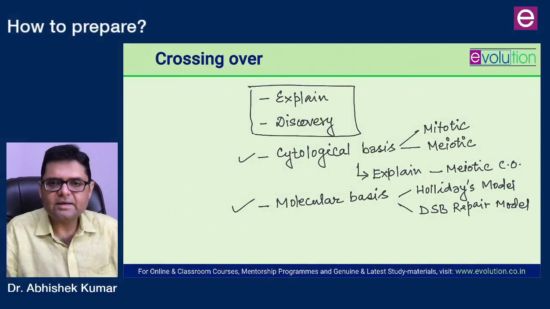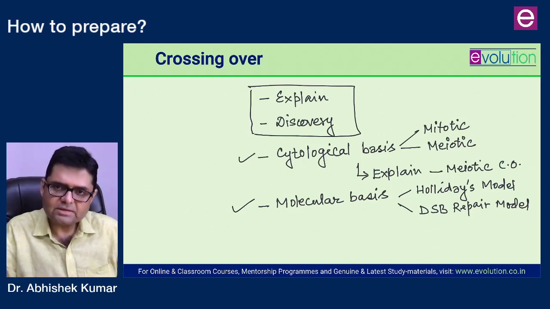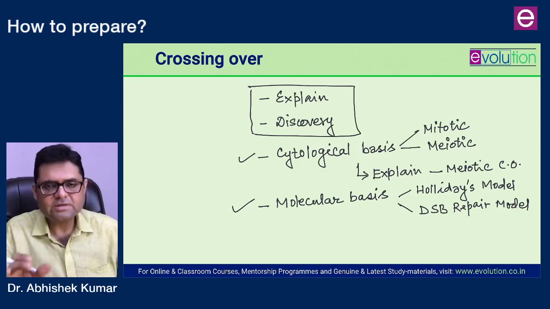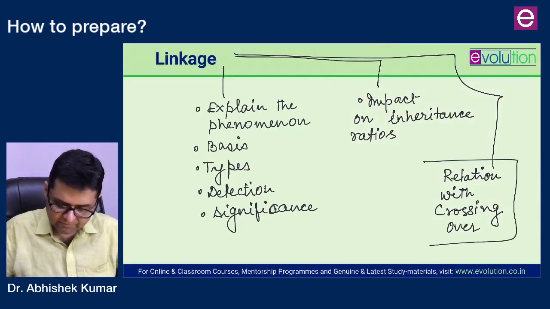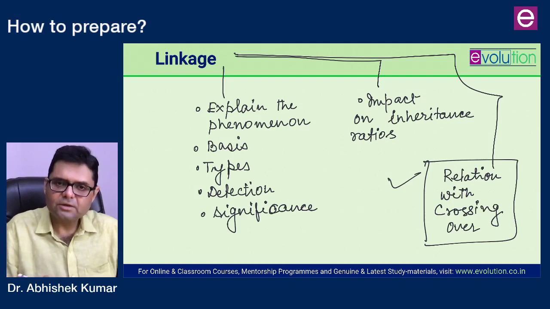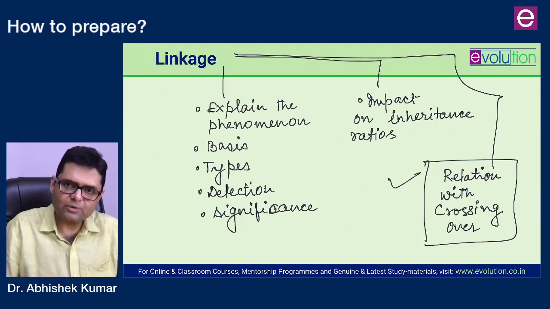So whenever you are writing an answer on crossing over, of course you will explain the phenomenon, and in brief you will tell about its discovery, and then you will be coming to either the cytological basis or the molecular basis as demanded by the question. If you are asked the mechanism of crossing over, in brief you will have to give both cytological as well as molecular basis. Here I am not mentioning the relation between crossing over and linkage, because in the very previous topic, linkage, I have already mentioned relation with crossing over, so there is no need to repeat the same question.